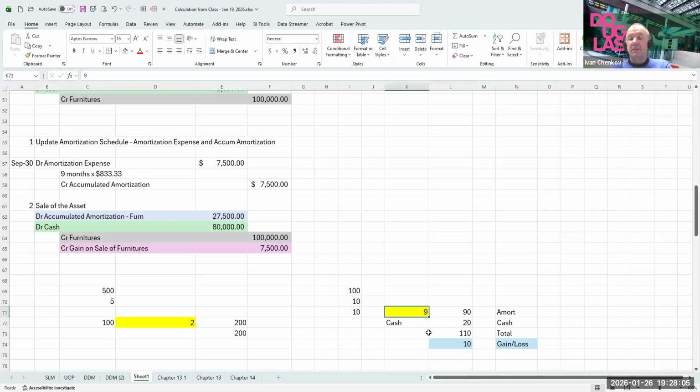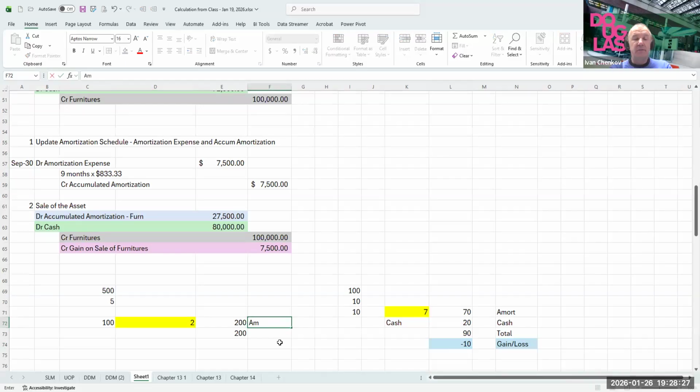Once it becomes, let's say you're using 7 months, then it becomes a loss. And then you can play with the numbers here, changing these numbers or these numbers, whatever you want to change. This one, the same thing.